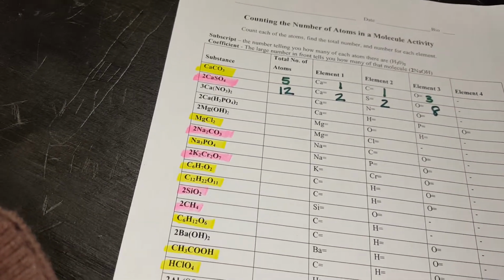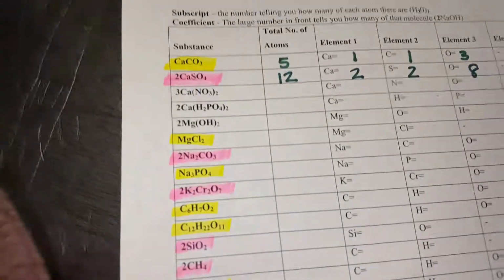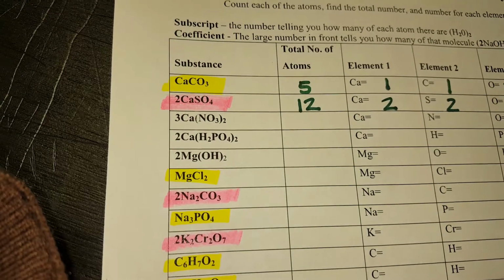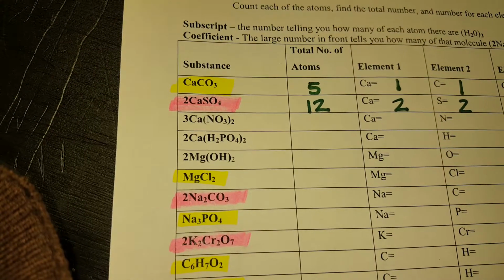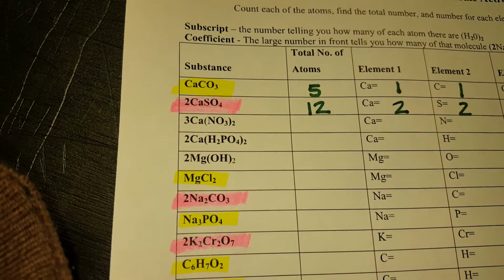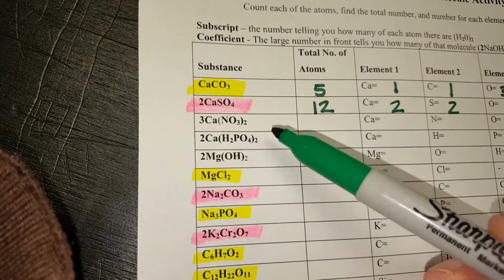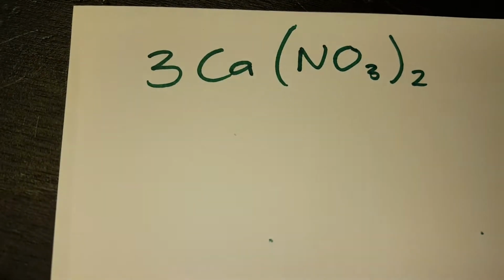Alright, last step is to work on those that have a coefficient and a parentheses. This time I'm not going to highlight it. Just know that this step goes with all of these that have a coefficient in the front and parentheses somewhere inside of it. Alright, so I copied the first one over.